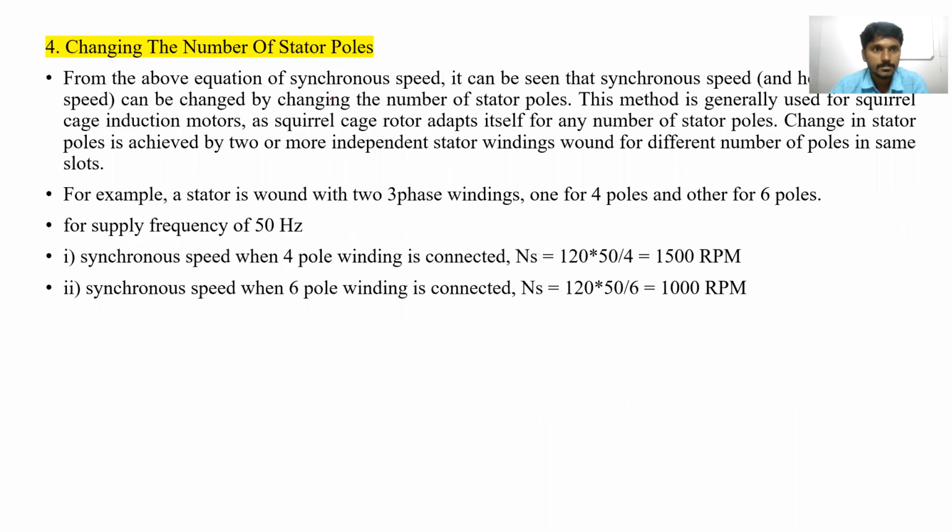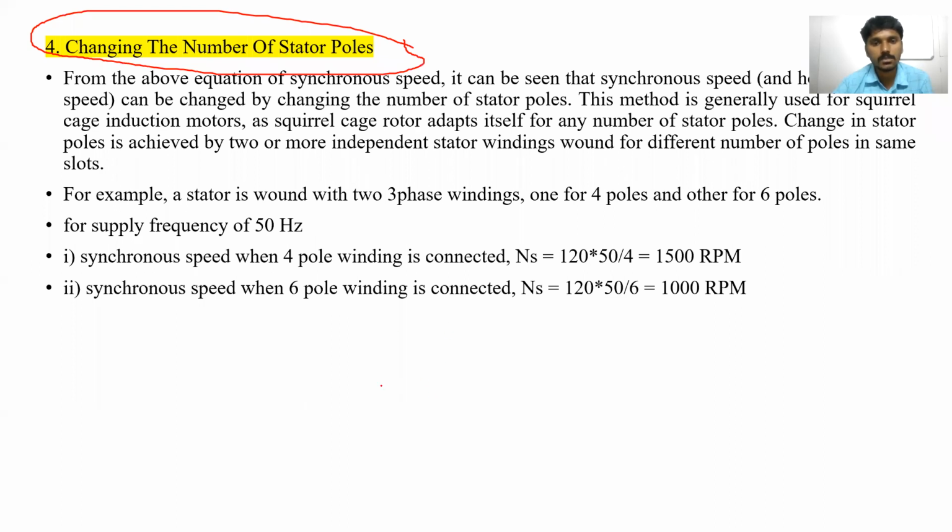And one more method is there, by changing the number of stator poles. One more method for controlling the speed of the induction motor. So how can you control the speed of the induction motor by changing the number of stator poles?